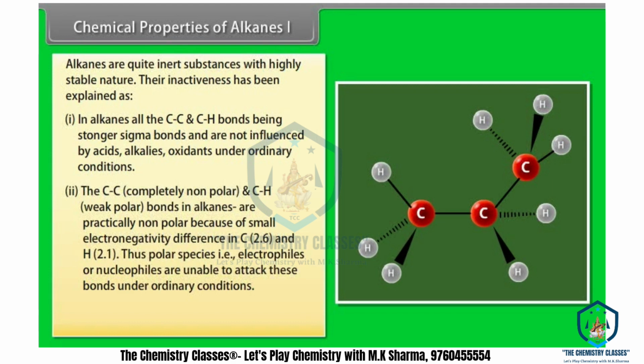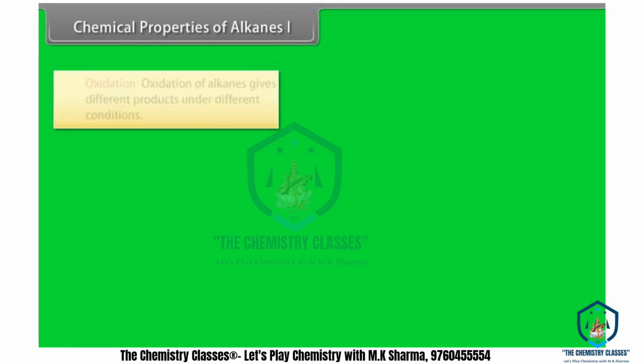The carbon-carbon bonds are completely non-polar and the carbon-hydrogen bonds are only weakly polar, because of the small electronegativity difference between C (2.6) and H (2.1). Thus, polar species, that is, electrophiles and nucleophiles, are unable to attack these bonds under ordinary conditions. In spite of their less reactive nature, alkanes show some characteristic reactions.